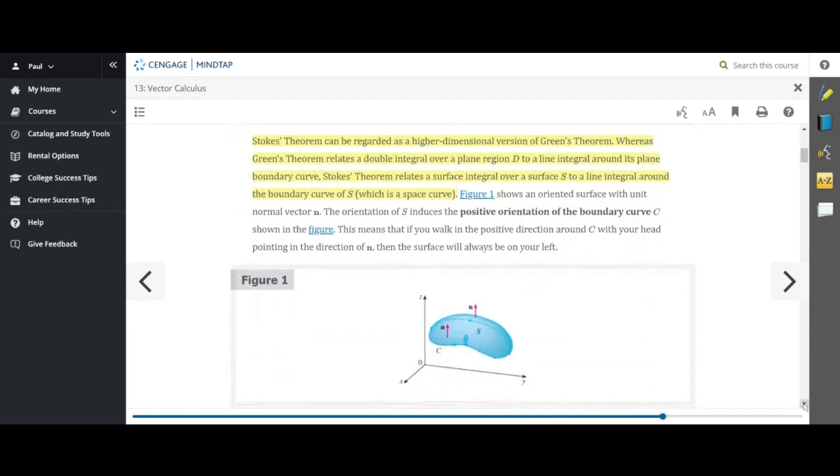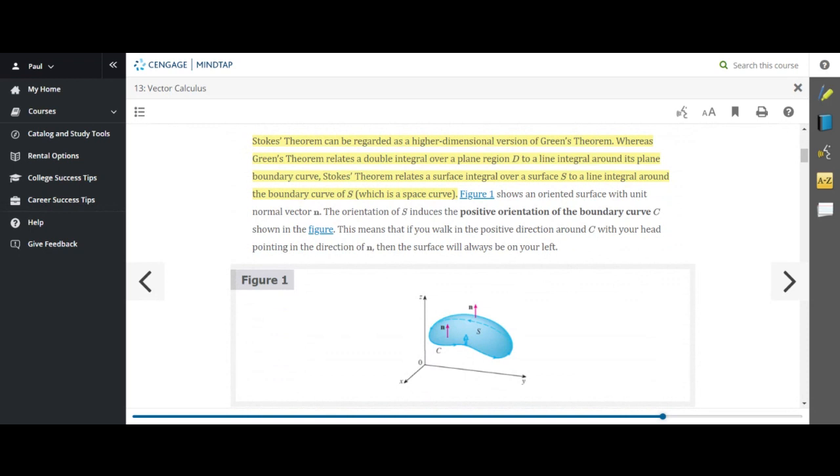It says here, Stokes' theorem can be regarded as a higher dimensional version of Green's theorem. Where Green's theorem relates a double integral over a plane region D to a line integral around its plane boundary curve, Stokes' theorem relates a surface integral over a surface S to a line integral around the boundary curve of S. So let's get right to the picture here.